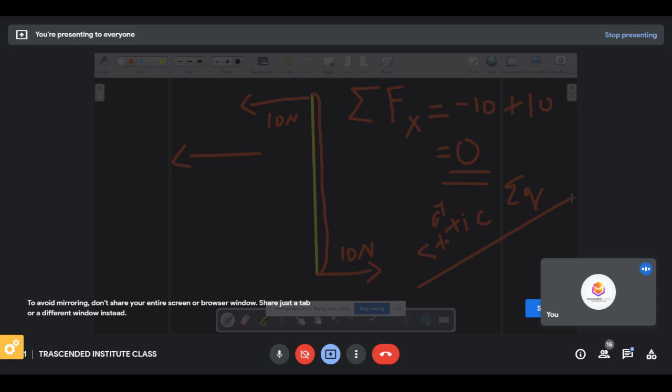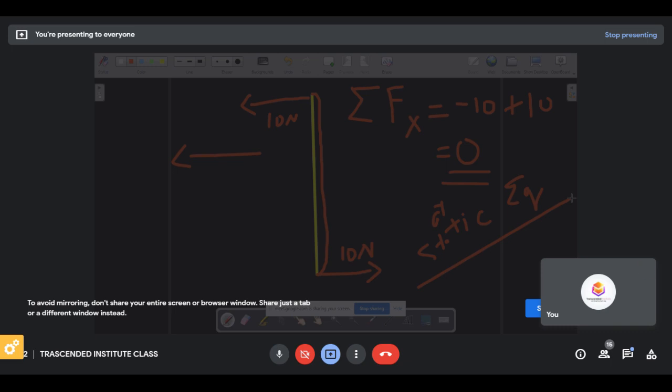The thing is, we've been saying if the summation of all the forces is equal to 0, the object is going to be in static equilibrium. That's what you've been saying. But if you look at this one, the forces are in opposite directions, and the summation is equal to 0, but still the object is not going to be static. It's still going to move.